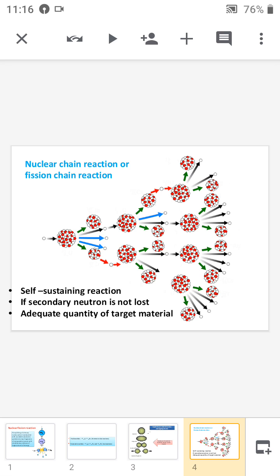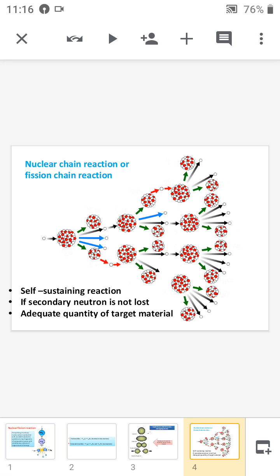These neutrons bombard the next target nucleus available in the same material, and it will undergo nuclear fission and again liberate neutrons, and this process propagates within a very small fraction of a second. That's why the nuclear fission reaction is a self-sustaining reaction.